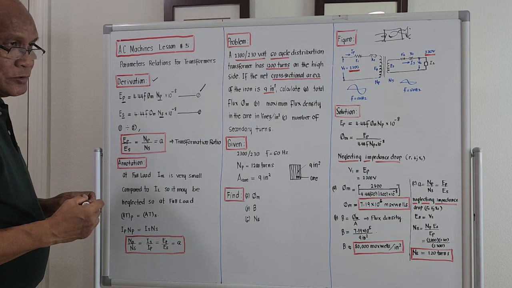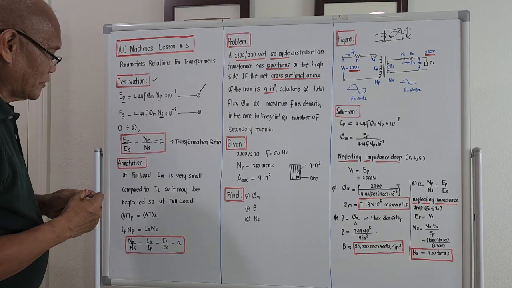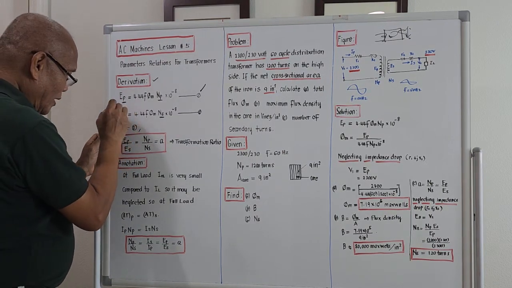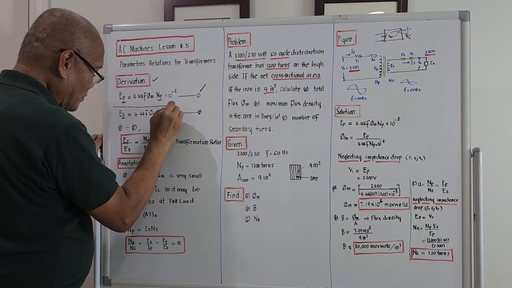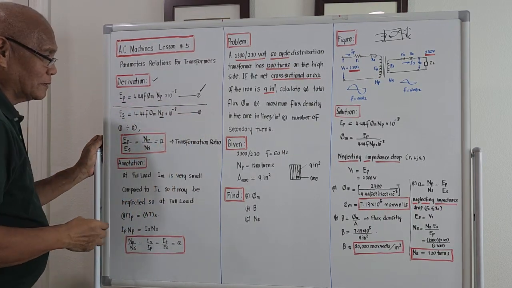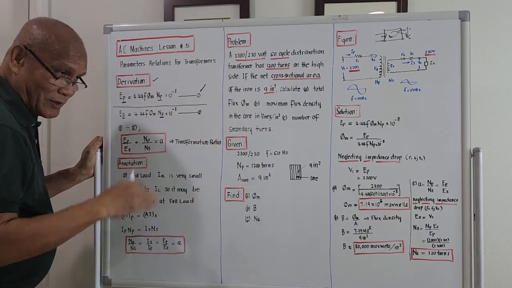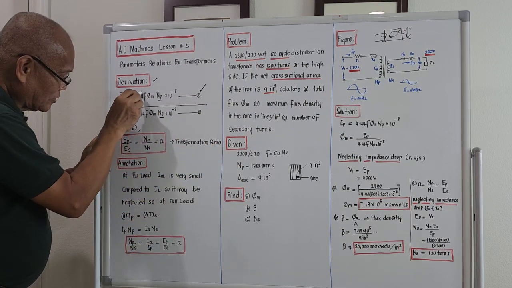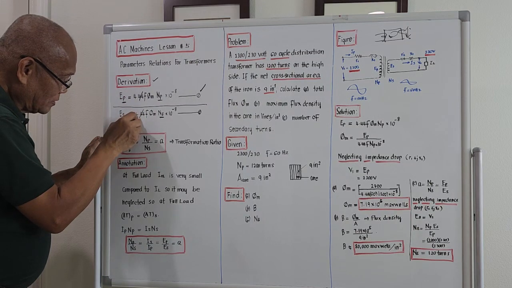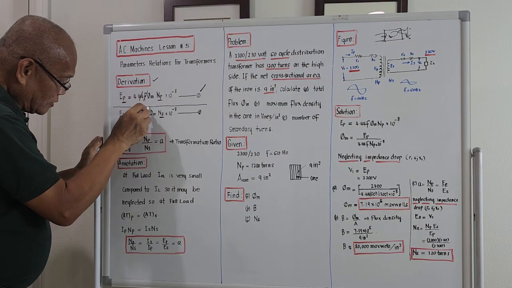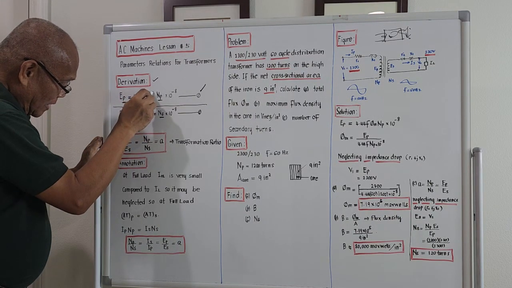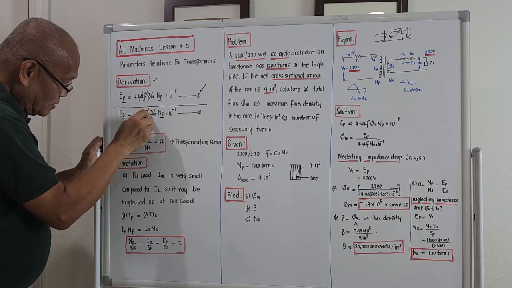Okay? So to get now the relation of the parameters, we will divide equation number 1 by number 2. We are performing algebraic operations, right? So this 4.44 cancels with this. This frequency here cancels with this. This flux maximum cancels with this.